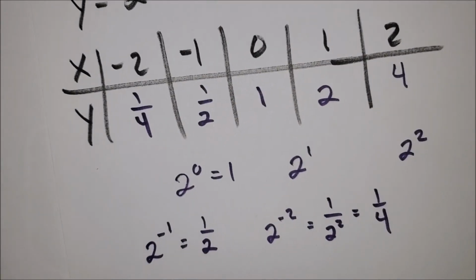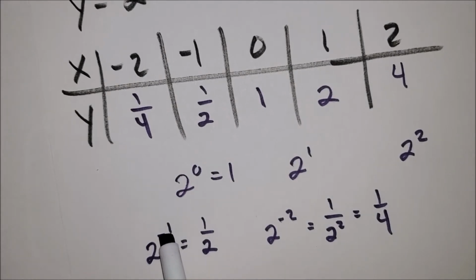You've got to remember your rules for exponents when you're working with these. Remember that when you have a negative exponent, you're just bringing down the number here and bringing the power up on the bottom. Here we have a negative 2, so we bring the 2 down, and the 2 becomes positive on the bottom.